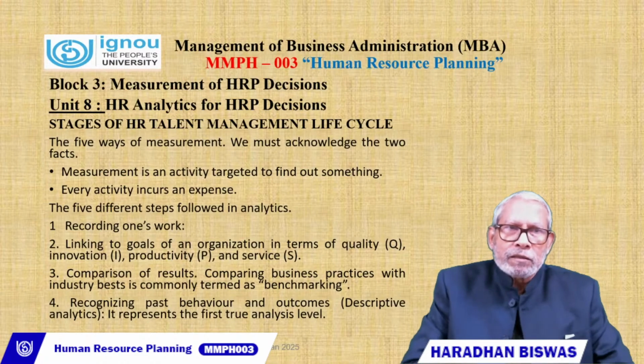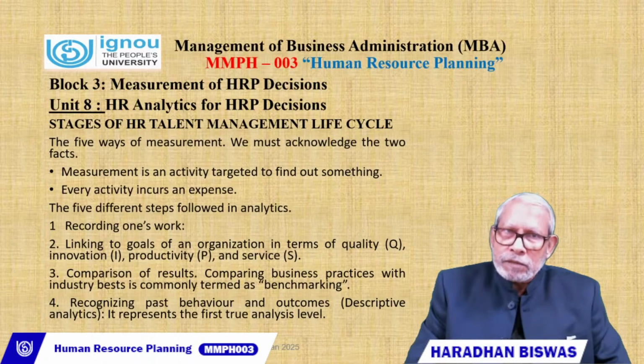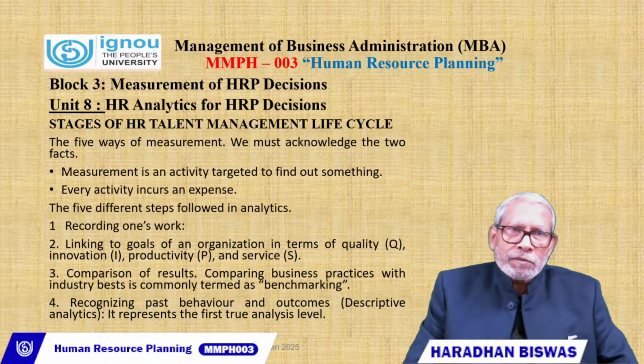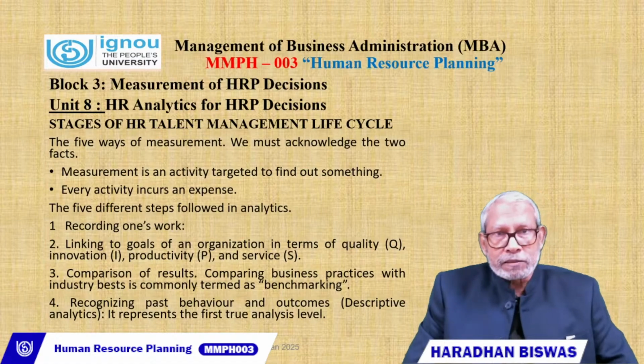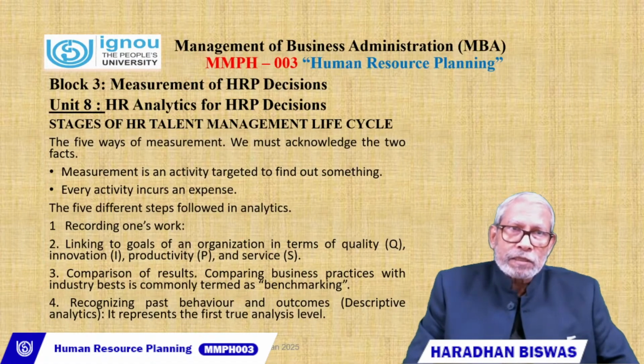One is that measurement is an activity targeted to find out some things, and every activity incurs an expense. You have to keep these two things in mind, then proceed to your five different steps.